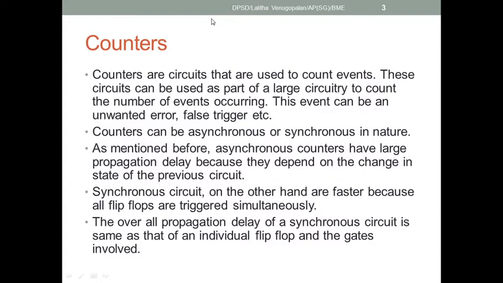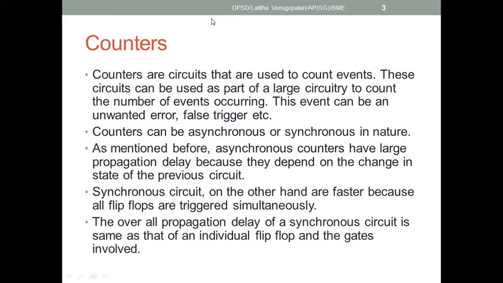Next, what is a counter? A counter is just a circuit that is used to count an event. Now, why would you want a counter? If you are more into software development, you'd understand this better.